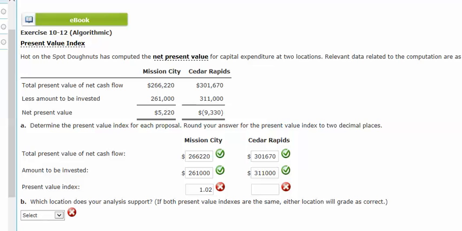Okay. Now do the same thing for Cedar Rapids, and that's the 301,670 divided by 311,000, and that equals 0.97.